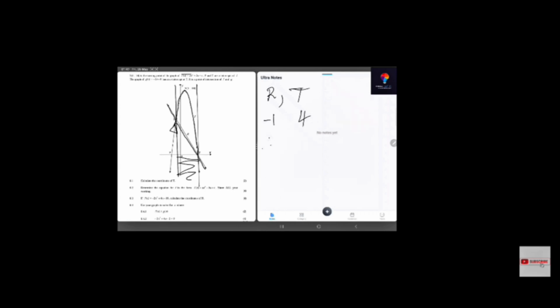Therefore, the values of x whereby f of x is going to be greater or equal to g of x is going to be x greater or equal to minus 1, or x less than 4.